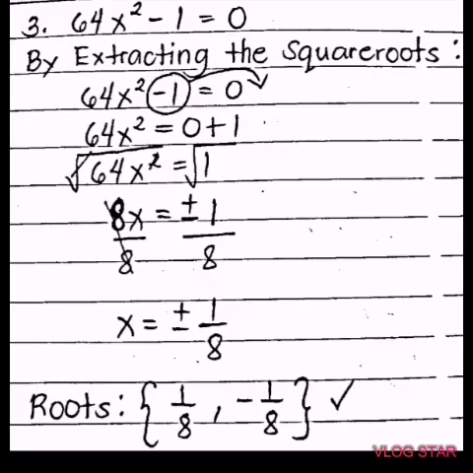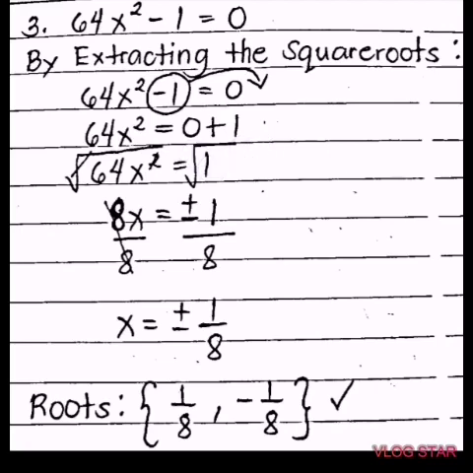How about if the given is like this? 64x squared minus 3 equals 1. In this given, we're going to use extracting the square root. So, transpose negative 3 to the other side, so it will become positive 3.